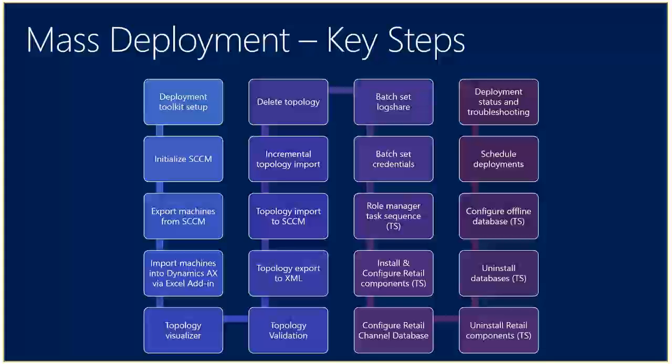So it could go to computer X, and create a record saying computer X needs to have component A, B, and C installed on it. And that's all it does.